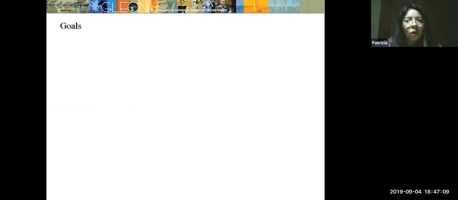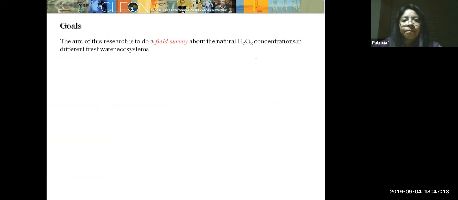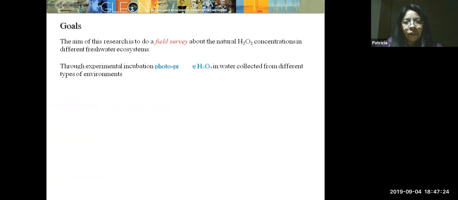One of the goals of one of my last works was to do a field survey of the natural concentration of hydrogen peroxide in different freshwater ecosystems. For this, I also wanted to do some experimental incubations in order to see if this water can produce hydrogen peroxide.